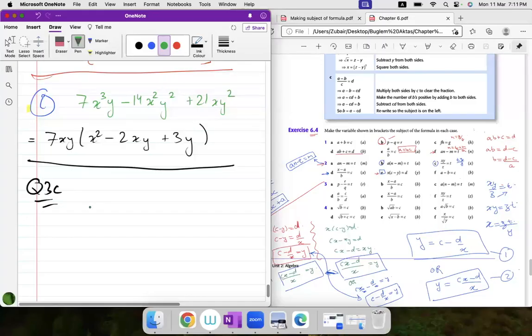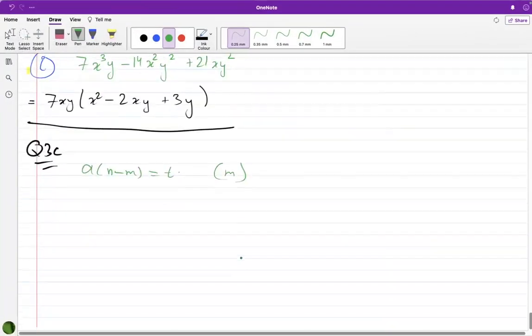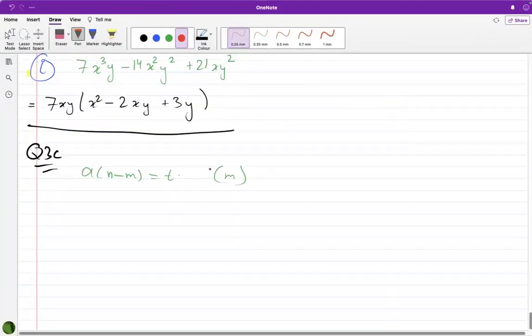It says A times N minus M is equal to T, and we have to make M the subject of the formula. So starting with this, N minus M is equal to T by A. And I'm bringing this fraction on the left-hand side and taking M on the other side.